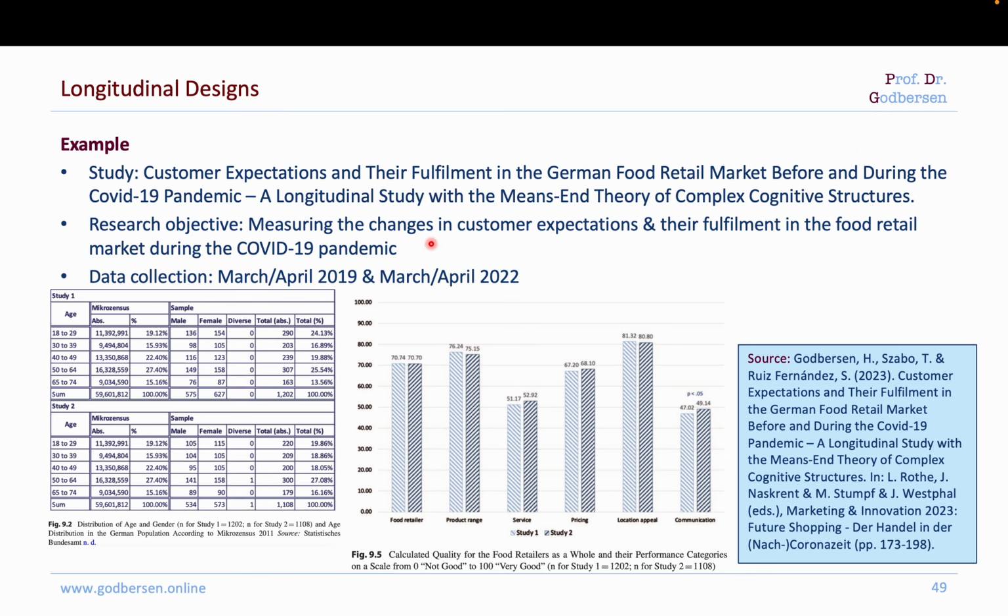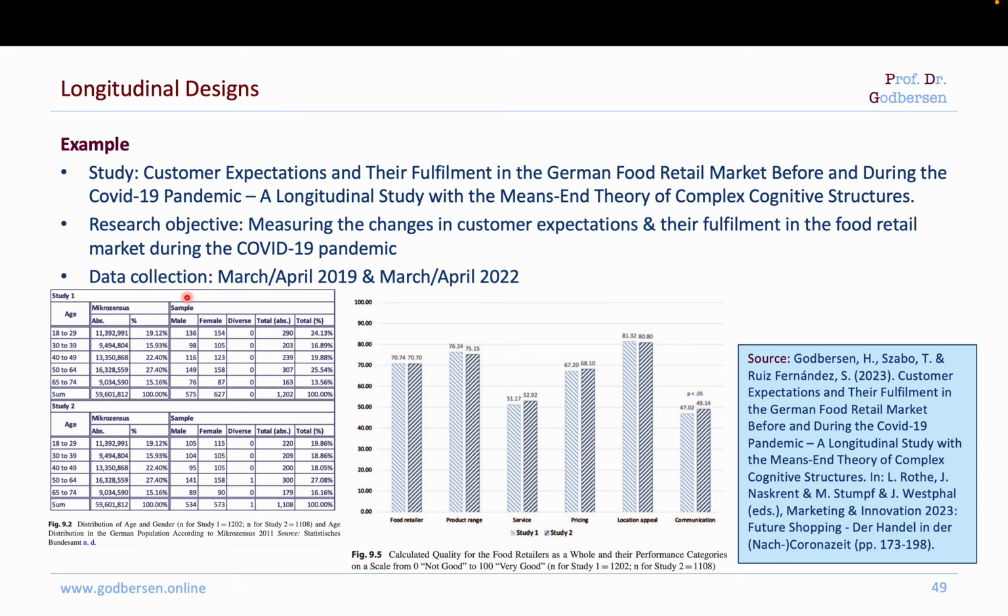So my co-authors and I asked ourselves, did the customer expectations and their fulfillment in the food retail market change during the COVID-19 pandemic? We collected data in March, April 2019, and then 2 years into the pandemic, March, April 2022.